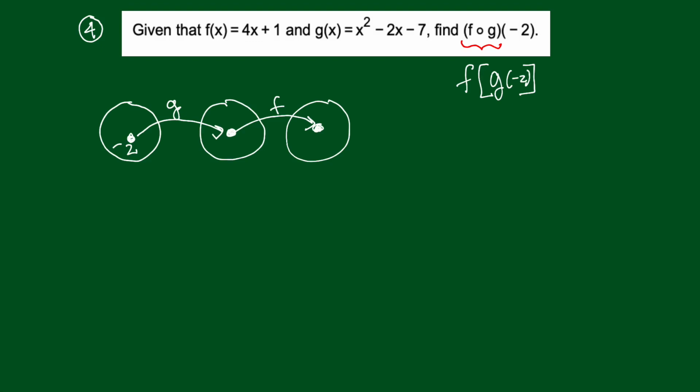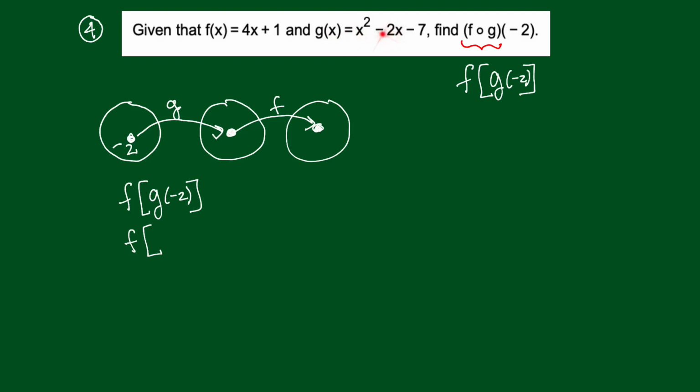So let's do this. I'll do it right under here. So we'll have f of g of negative 2. All right, f of, now put negative 2 into g. So here is g up here. If I replace that x with a negative 2, I'll replace all the x's with a negative 2.